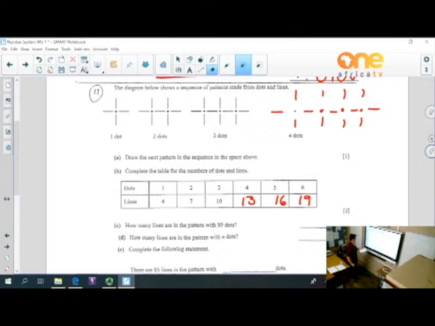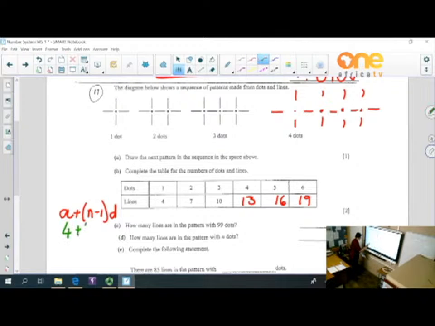How many lines are in the pattern with 99 dots? So you have to find that pattern there. Now, there's a very nice formula, A plus N minus 1 D. And this works actually very nice if you know this. So A is your first term. The first term here is 4. N stands for the number 99.